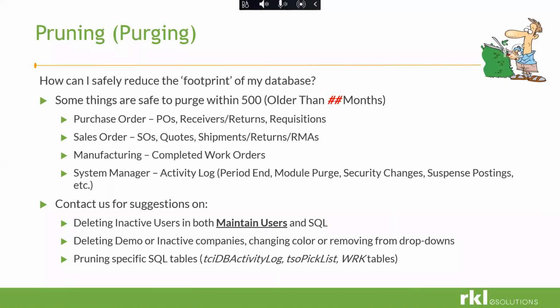There's something called TCI DB activity log. This is a log that keeps track of anybody making changes in the tables who isn't doing it from the Sage 500 application. A lot of times this is perfectly legitimate because you may have a website that feeds sales orders in.